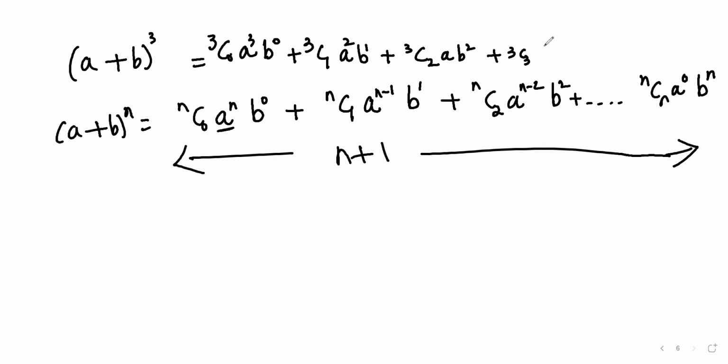Yes, nCn we reached: a^0 b^3. So when the power of b becomes n, in this case 3, and the power of a becomes 0, we stop.